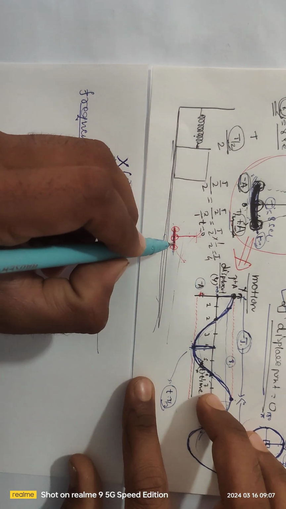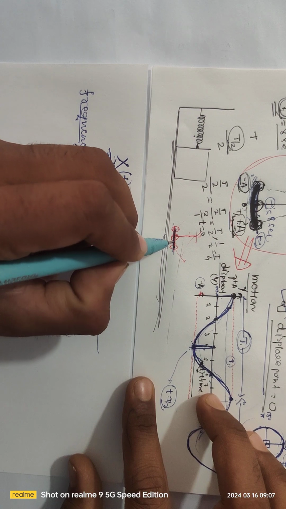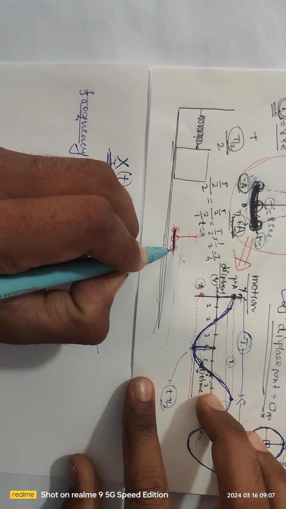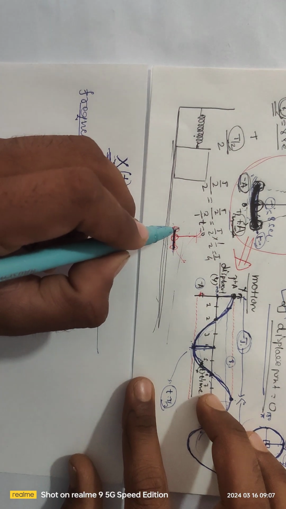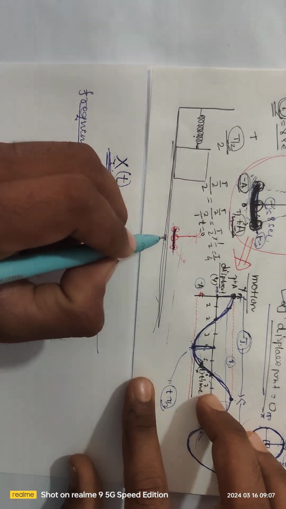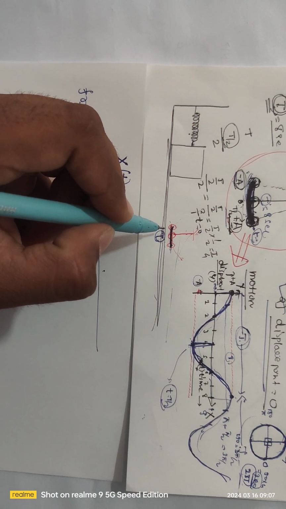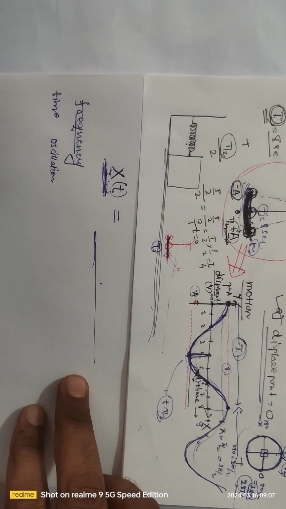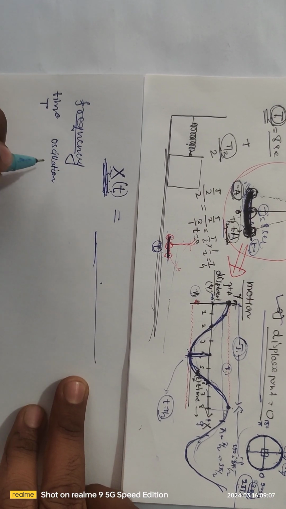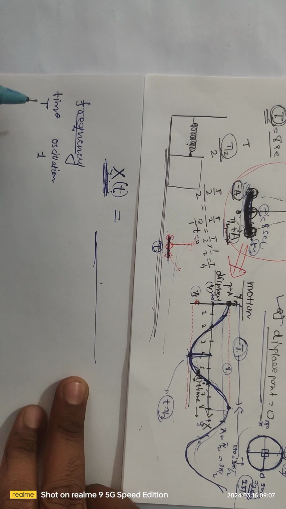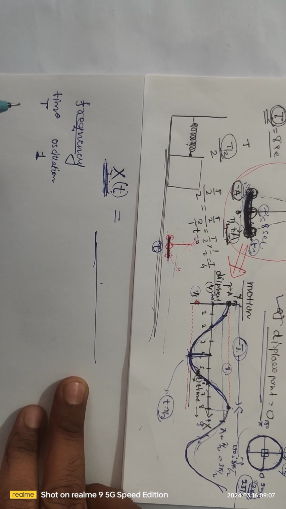It means I started here, so it is one oscillation. For one oscillation it will take a periodic time, 1 period, that is T. So in T period time the number of oscillations is 1, or in T period time one oscillation happens.